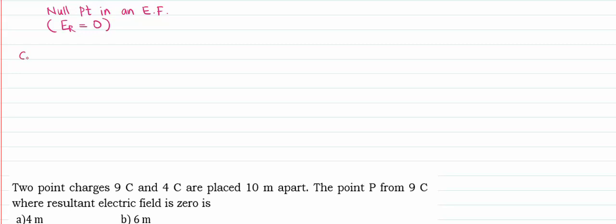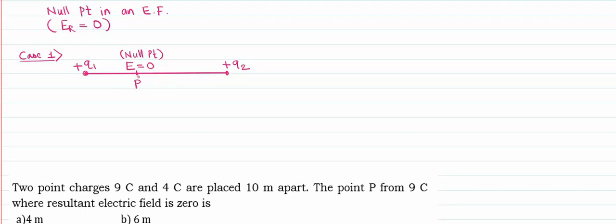Here we have two cases. In case 1, two positive charges are separated by a certain distance. I will take plus Q1 and plus Q2 separated by a distance R. In between these two, you will have one point P where the resultant electric field will be zero, and that point we call a null point.